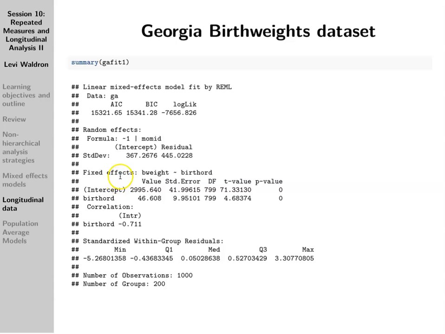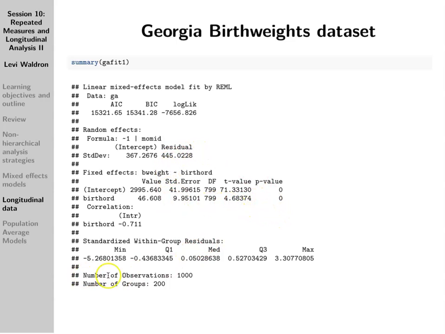I also see in the fixed effects part of the model, intercept is not really of interest, but this coefficient here for birth order is of interest, and it tells us that on average for each subsequent infant, that infant weighs about 46.6 grams more than the previous infant.